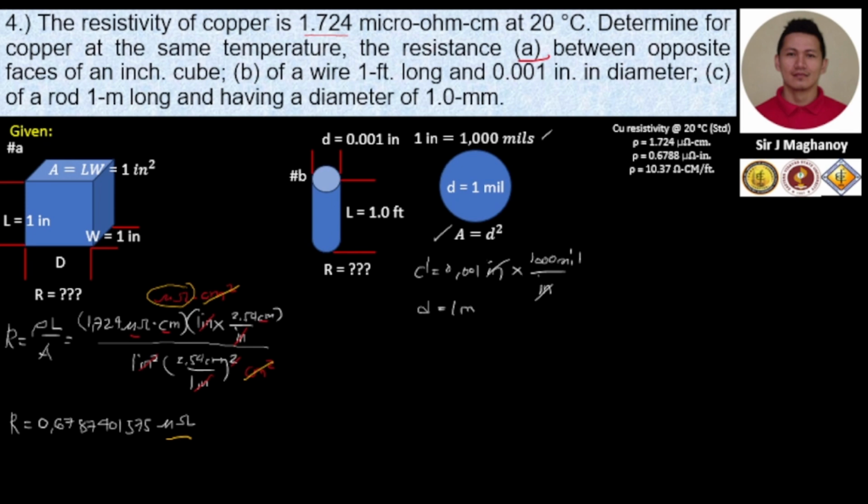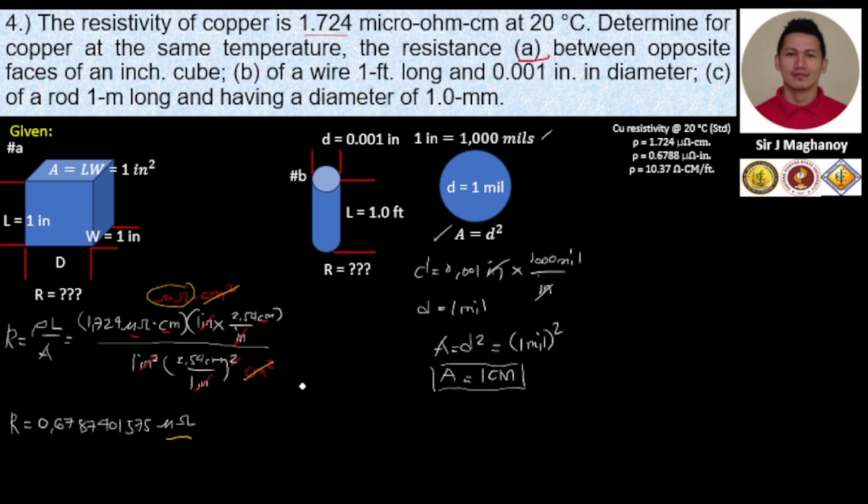Since the cross-sectional area is equal to d squared, therefore 1 mil squared, finally our cross-sectional area is equal to 1 circular mil. Okay, so going back to our equation, we have our cross-sectional area and the length.